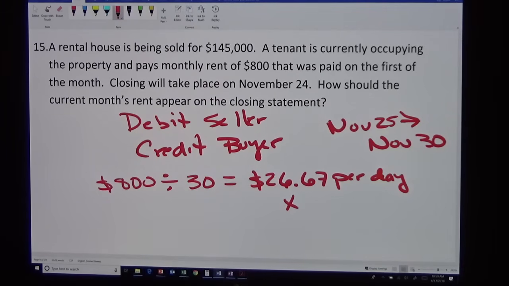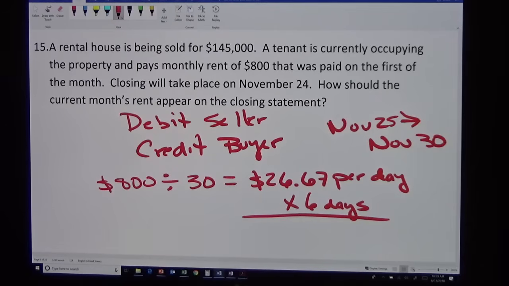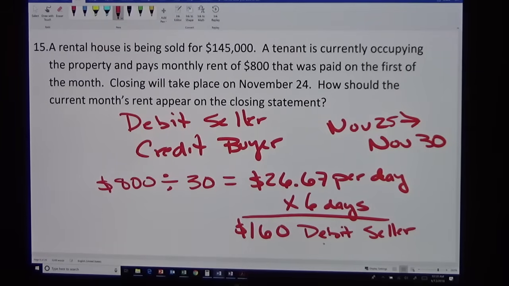That is 6 days. So 6 days equals $160. And again, that's debit, seller, credit, buyer.